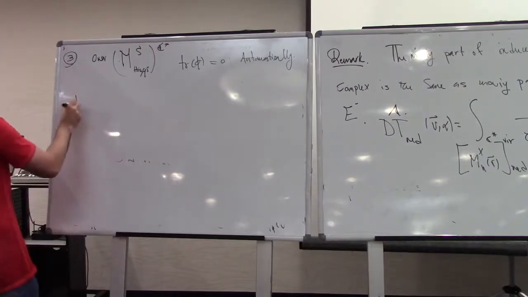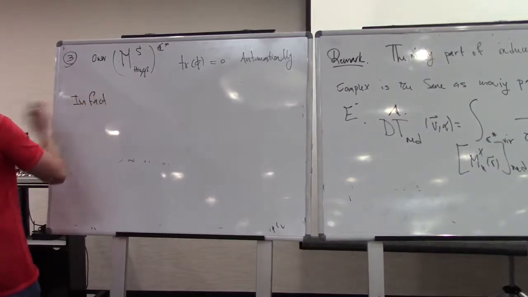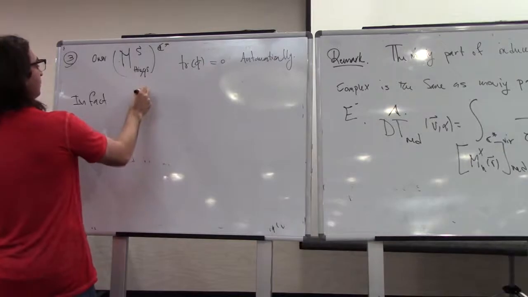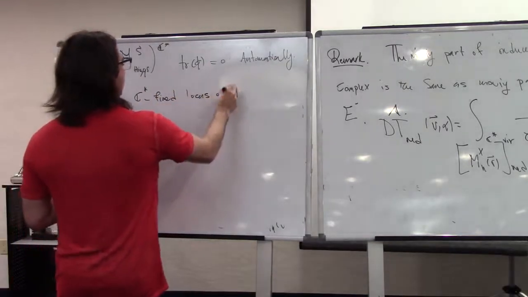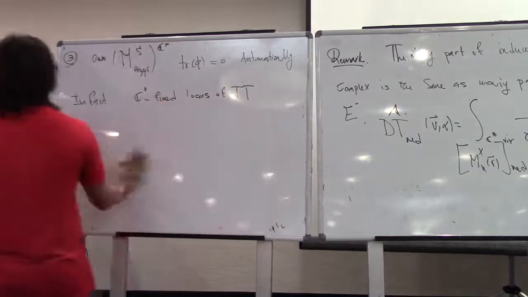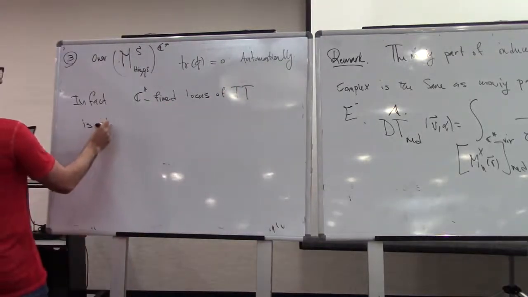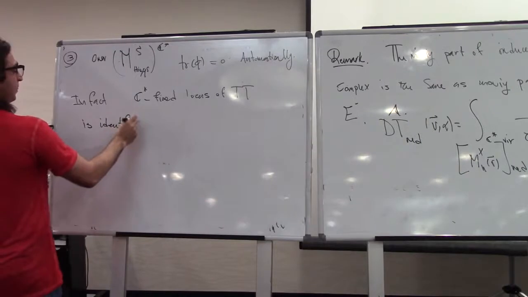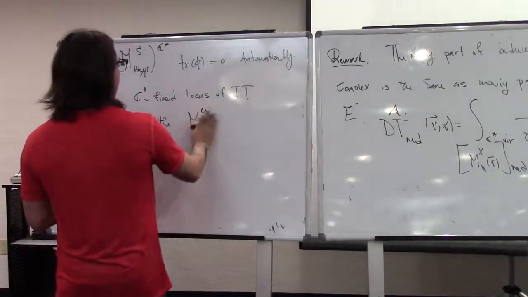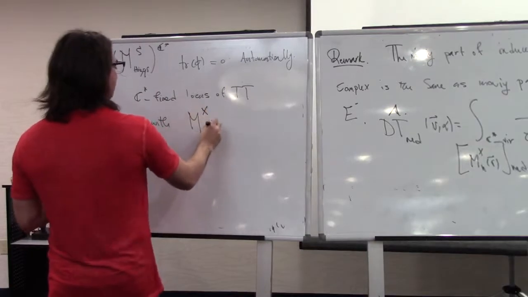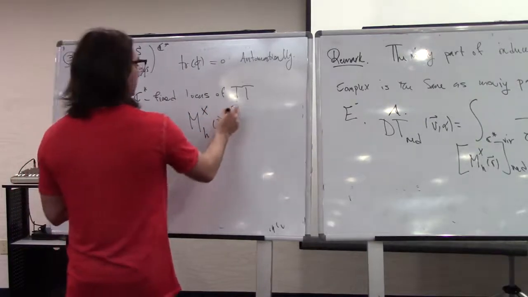So, in fact, the C star fixed locus of Tanaka and Thomas is identified with M omega, M X H nu, C star fixed.